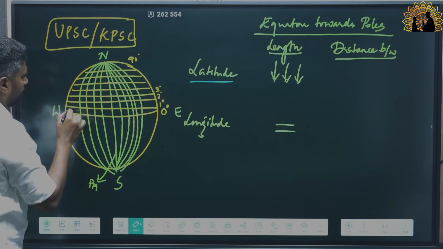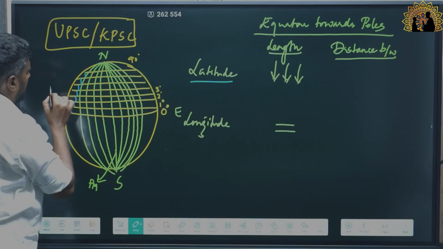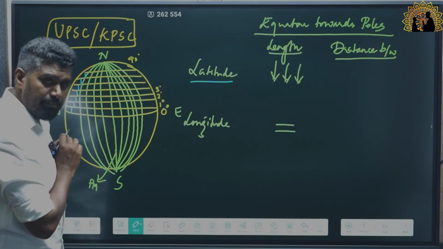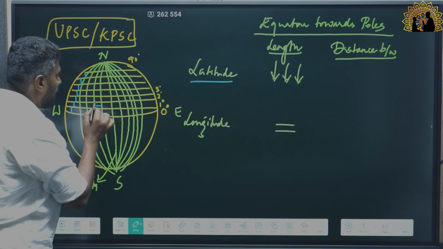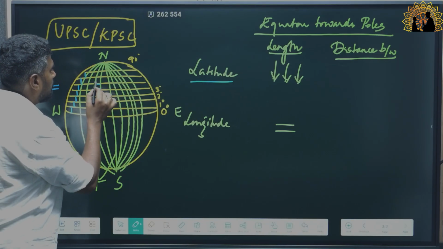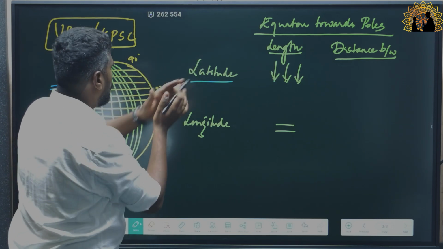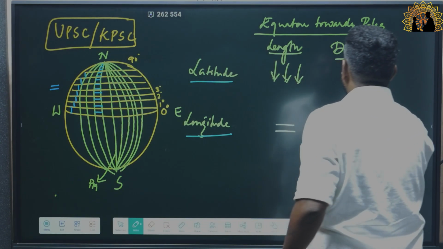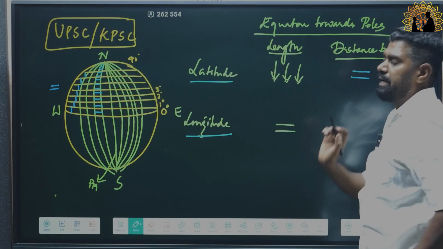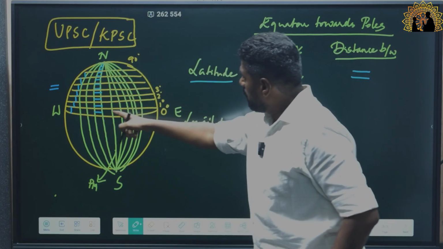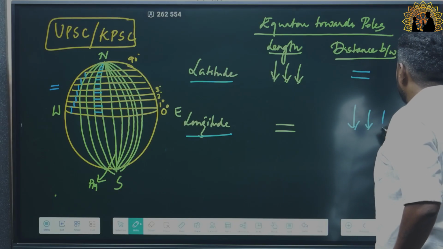As you go from the equator to the poles, the distance between the latitudes is almost going to remain the same, but the distance between the longitudes is going to decrease because there is a convergence as you go towards the poles. So we can conclude that the distance between the latitudes remains the same, but the distance between the longitudes decreases as you go from the equator towards the pole.